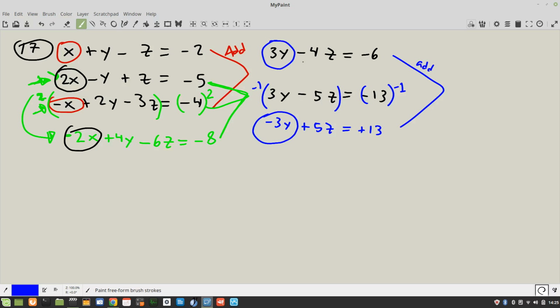It's not going to be there anymore. So -4z plus 5z is going to be just 1z equal to -6 plus 13. What is -6 plus 13? 7.